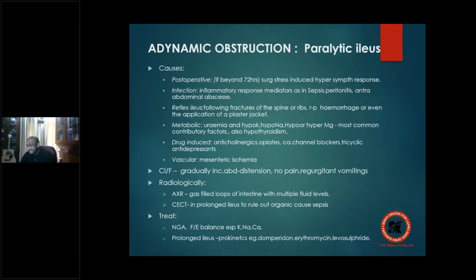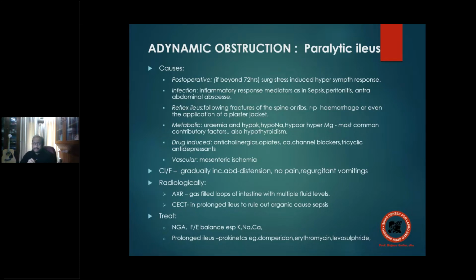That's why I said, do not flog a tired horse. Similarly, in paralytic ileus, please do not try to use stimulants. So what should you do? Let the horse rest until he gains strength. Similarly, let the bowel rest. So you put in a Ryle's tube and carry out nasogastric aspiration. Until that time, you give the patient fluid and electrolytes so that the balances are maintained, especially potassium, sodium, and calcium, because a dearth of all three, along with magnesium, will prolong paralytic ileus.